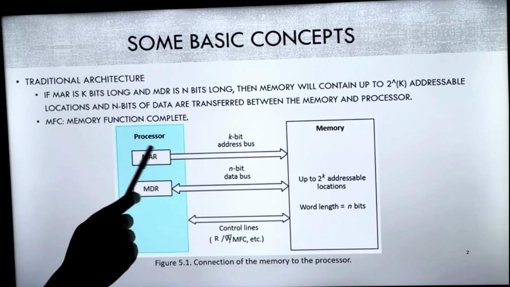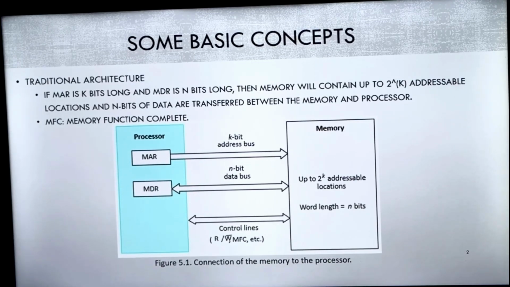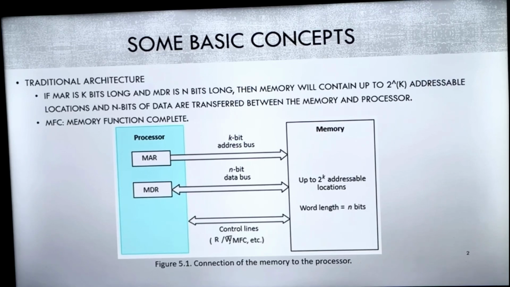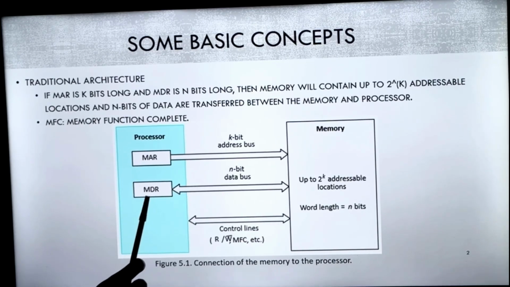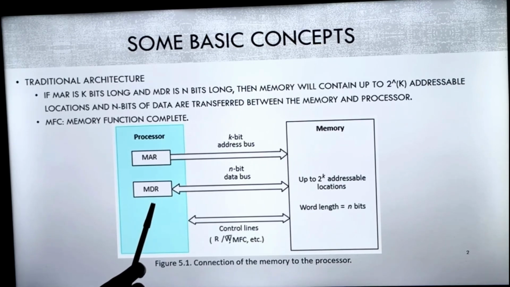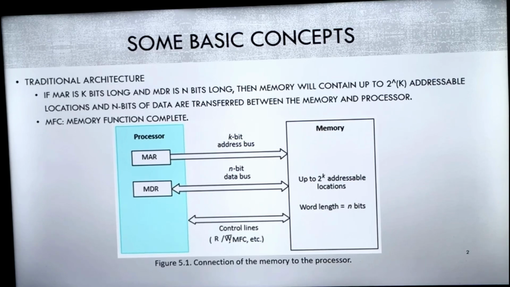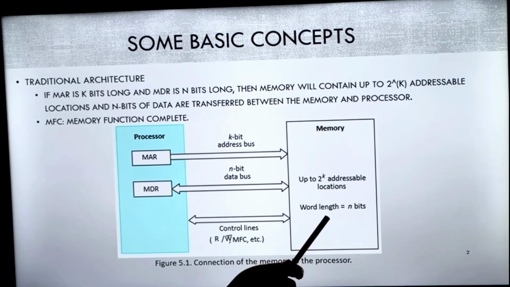Means if the length of your MAR is k, then there are 2 to the power k different locations in your main memory that can be accessed by your processor. Similarly, if your MDR is of n bit length, then we will say that the data bus length is n, or the word length is n bits. Means each n bits will form one particular word.